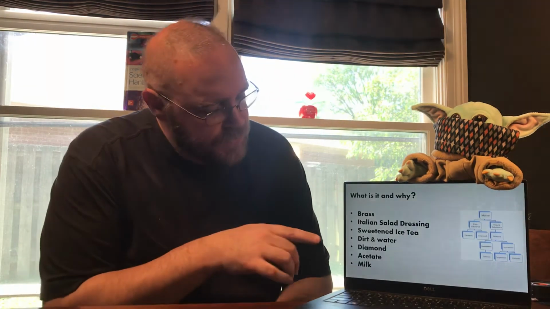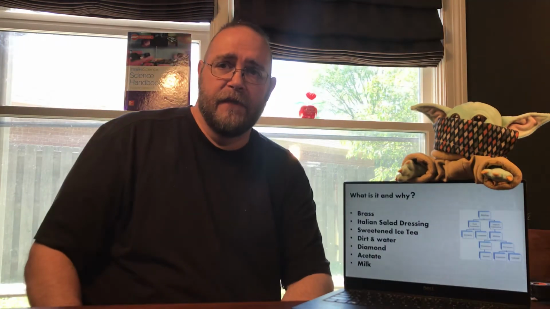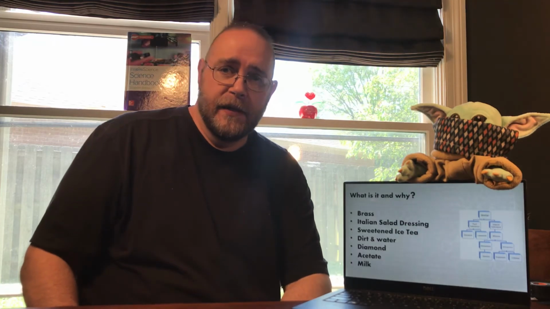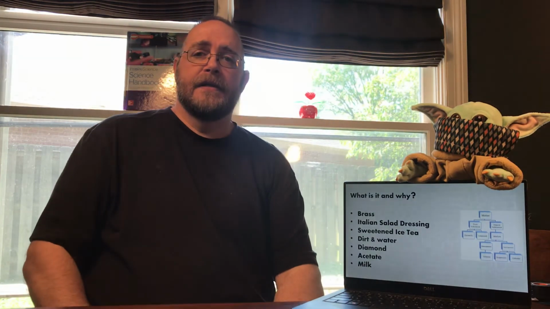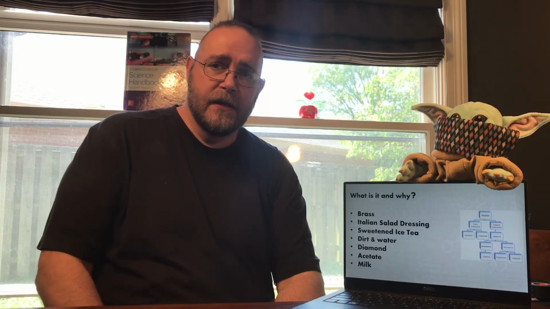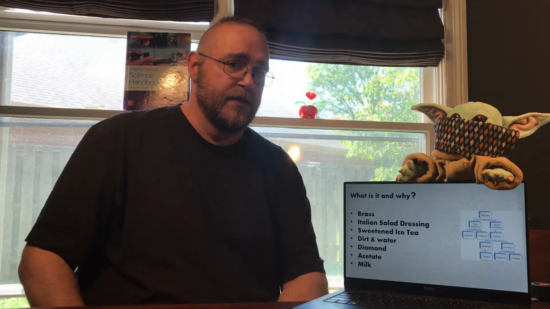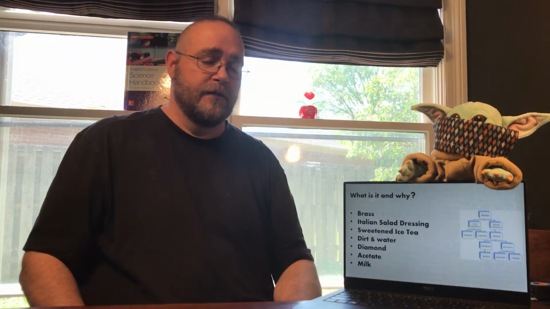We have dirt and water, which is a heterogeneous mixture and a suspension. We have diamond, which is a pure substance made of carbon. We have acetate, which is a pure substance that is a compound. And then lastly, milk is a colloid. The particles in there are so small that it looks like it's homogeneous, but it's not. It is a heterogeneous colloid.